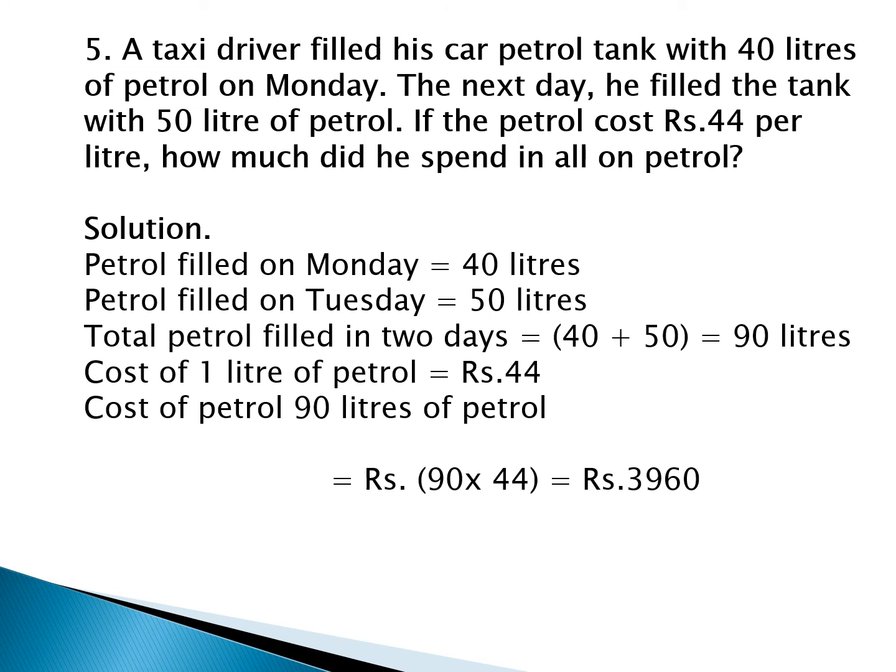So cost of 1 liter of petrol is rupees 44. Now to find the cost of 90 liters of petrol, children, what we have to do? Yes, we have to multiply the total quantity of petrol by cost of petrol. So 90 multiplied by 44, we will get 3960. This is the answer. Now this is the total amount of money which he has to pay, 3960.